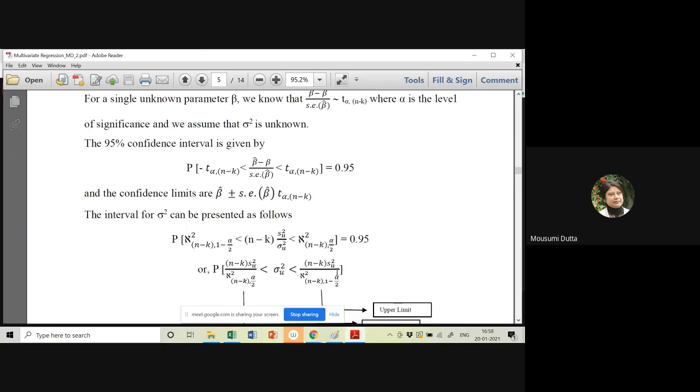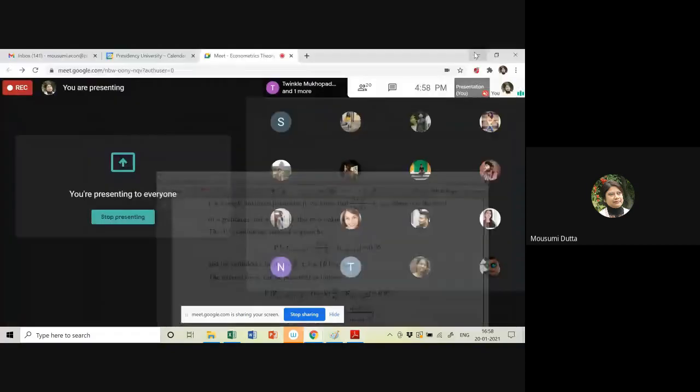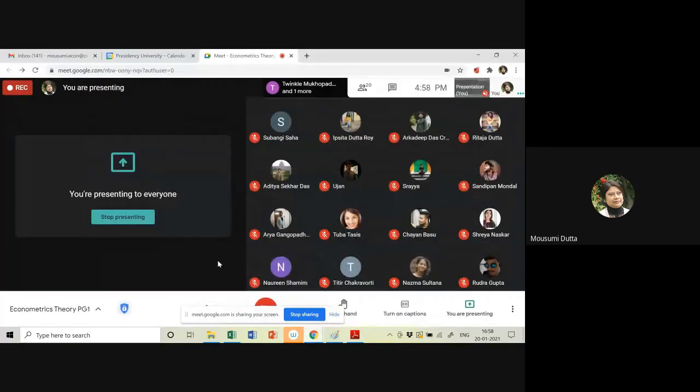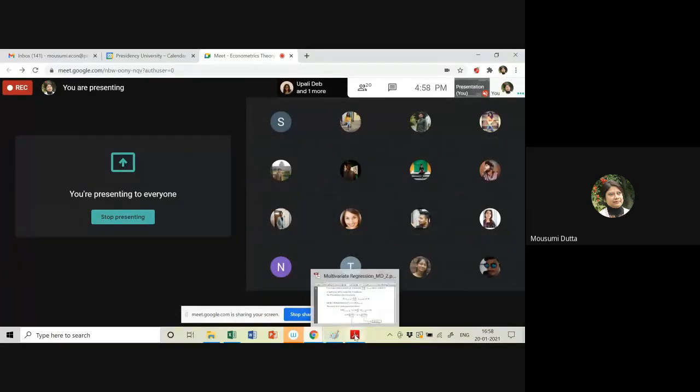So in the interval estimation, we are thinking about the entire beta vector, which is unknown, and the sigma u square, which is also unknown in the regression analysis. Does anyone have any question? So everybody is understanding everything?